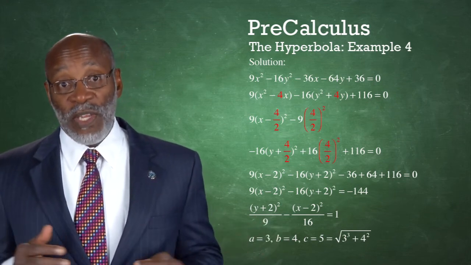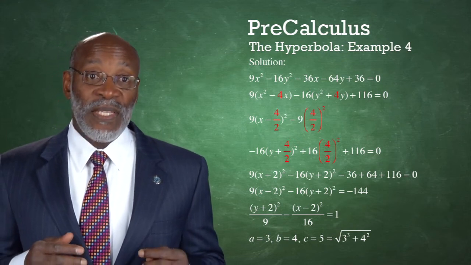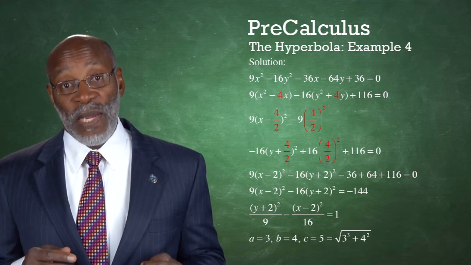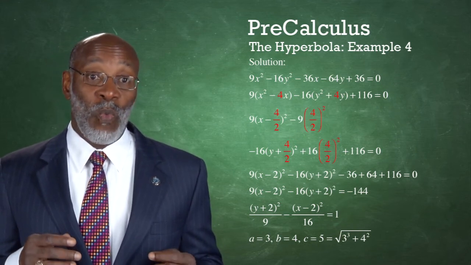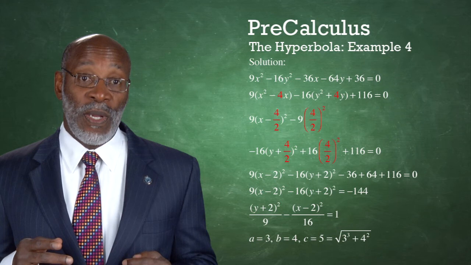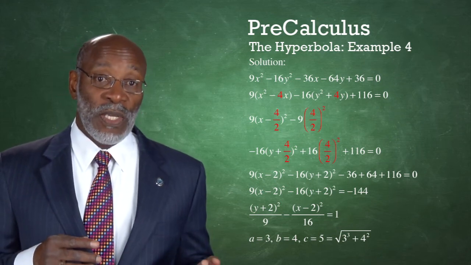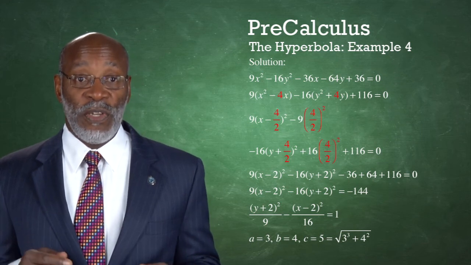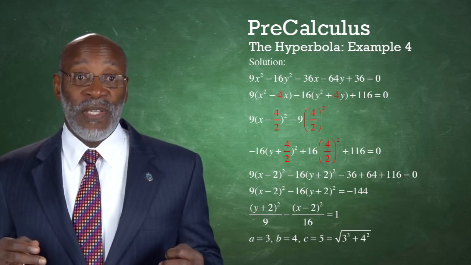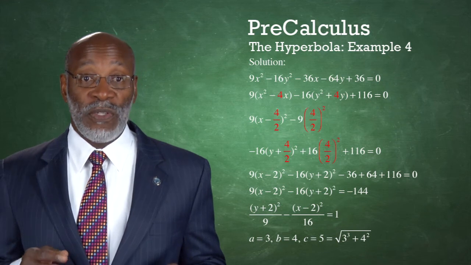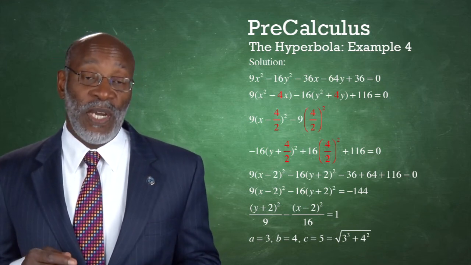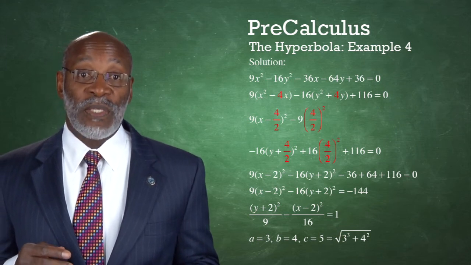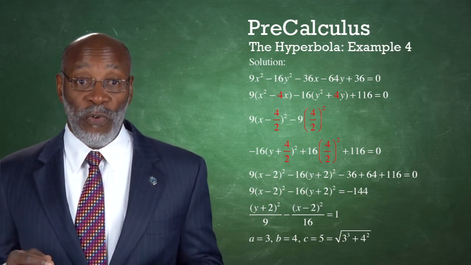So when we rewrite the equation, we get 9 times the quantity (x minus 2) squared minus 16 times the quantity (y plus 2) squared minus 36 plus 64 plus 116 equals 0, which gives us 9 times (x minus 2) squared minus 16 times (y plus 2) squared equals minus 144.